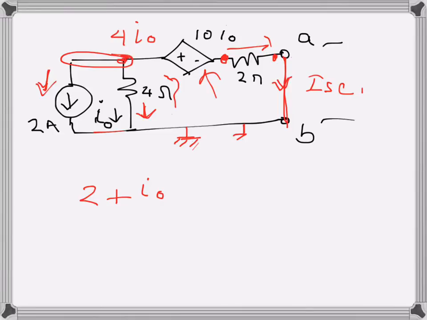So voltage at this side is 0, and this point voltage will be 4 I naught, and as I go from here to this point I will encounter a drop of 10 I naught. So voltage at this point will be 4 I naught minus 10 I naught, that is minus 6 I naught. That will be the voltage here. So I can write minus 6 I naught, that's the voltage, divided by 2 ohms, that will be the current, which is ISC.